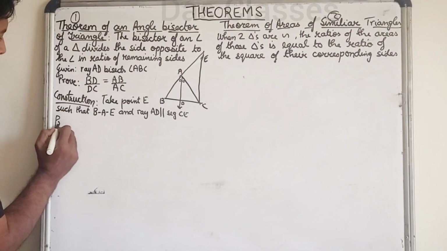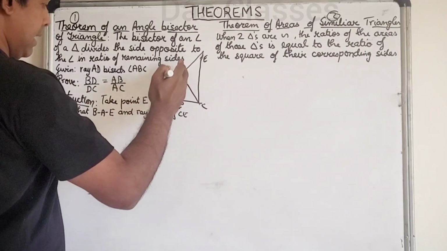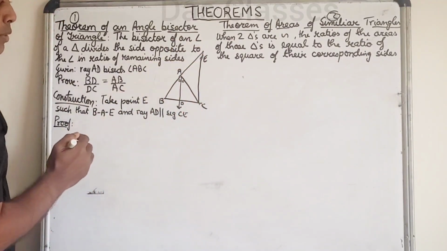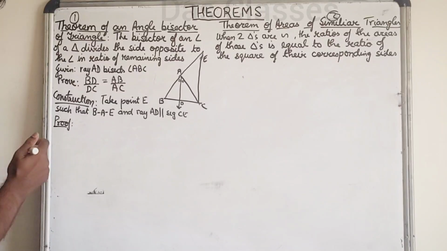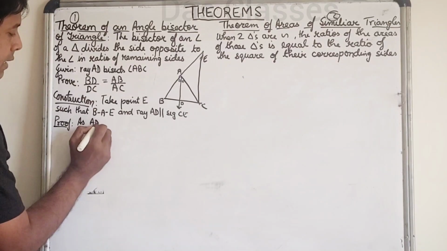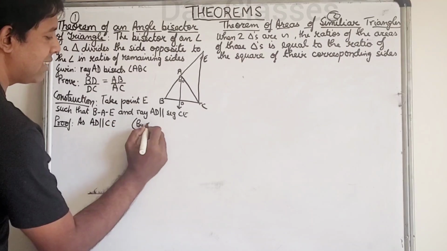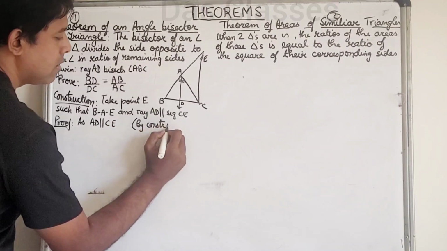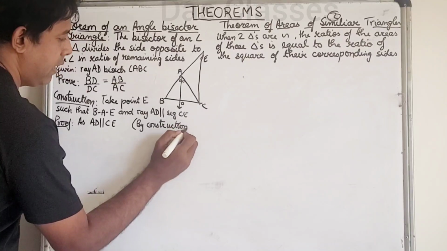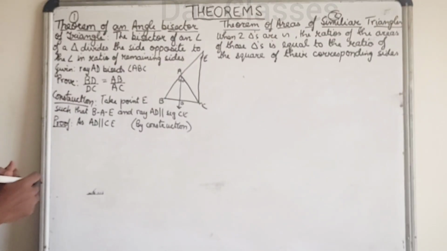So how will you prove it? Let's start with the proof. First of all, we have said that AD is parallel to CE. Therefore, we can use the BPT. As AD is parallel to CE, the reason is by construction. In geometry and in proofs, every statement you make, you should write the reason.